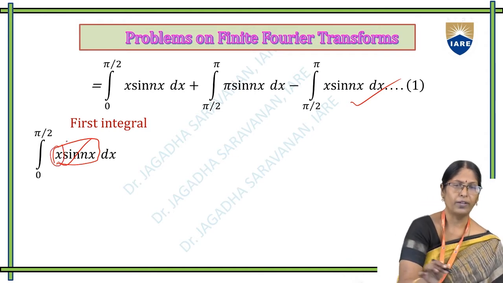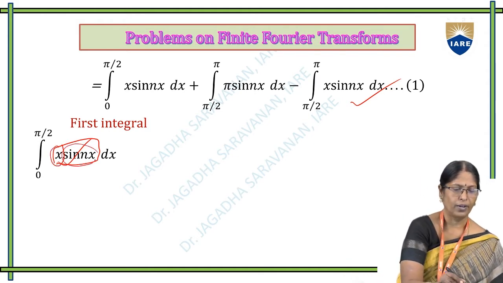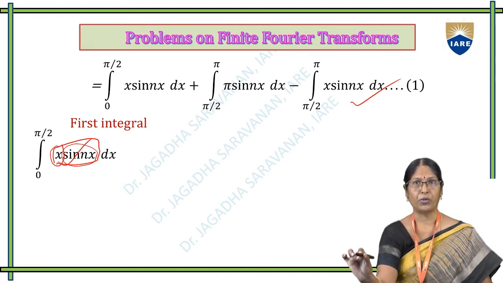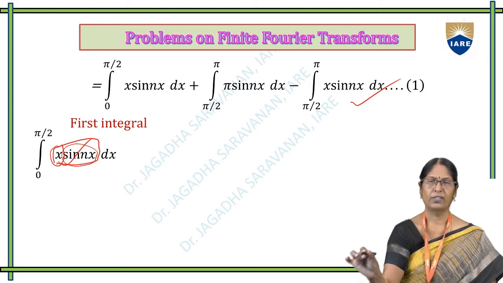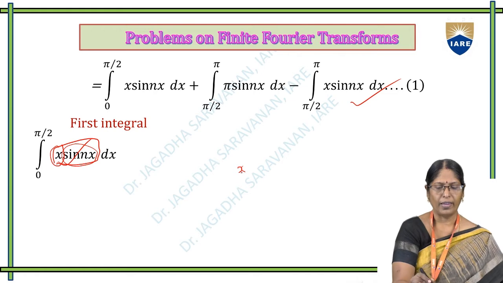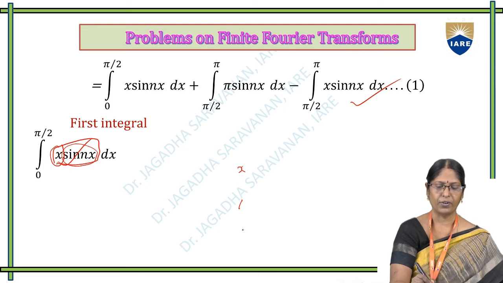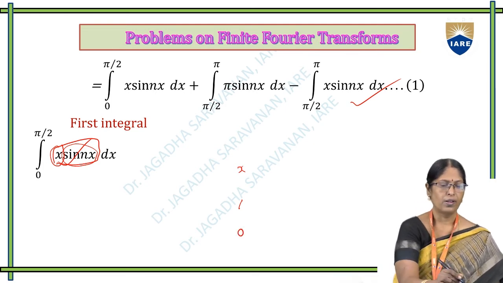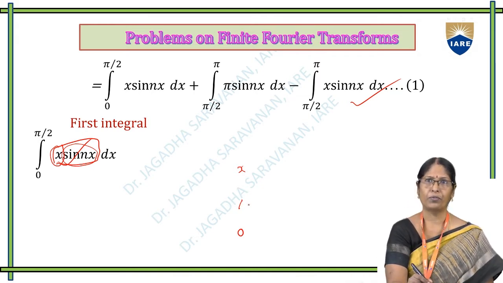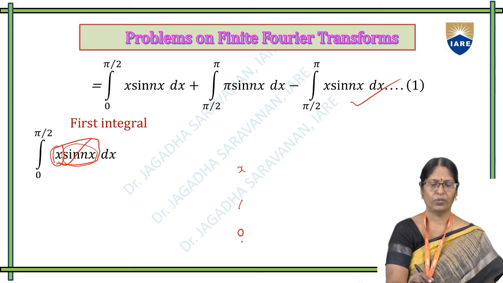One is algebraic, the other is trigonometric, an algebraic and trigonometric combination. For the algebraic one, x, the differentiation is 1, and the differentiation of 1 is 0, because the differentiation of any constant is 0. So the work related to x is over.